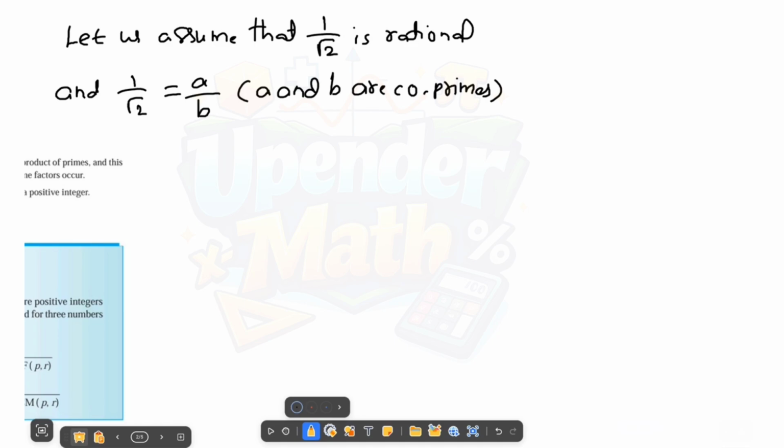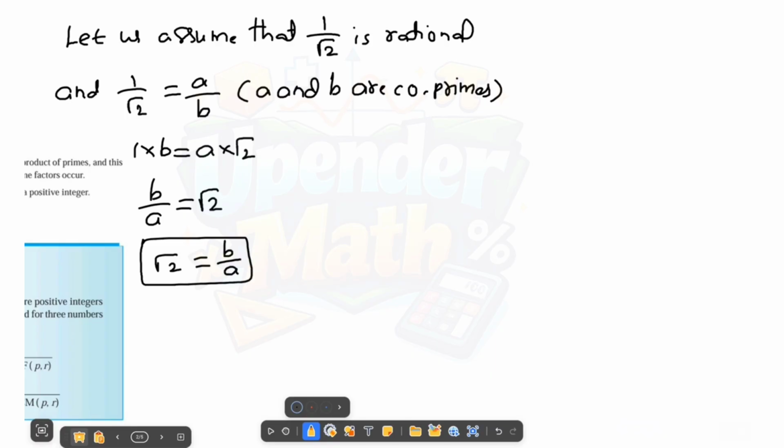So send root 2 to the right side and bring b to the left side. Now it becomes 1 into b is equal to a into root 2. Bring a to the left side. 1 into b is b by a is equal to root 2. Otherwise we can write root 2 is equal to b by a.